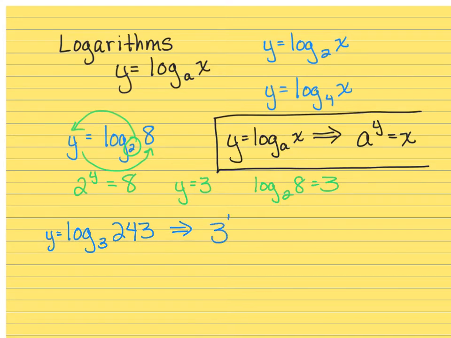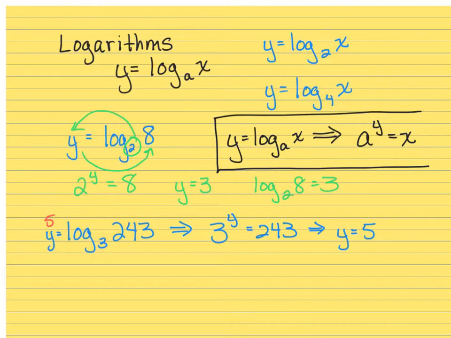So 3 raised to the y equals 243. And we want to figure out what power needs to go on that 3 to make 3 to that power equal 243. And if we test with our calculators, we're going to get y equals 5. So we could put a 5 right here.